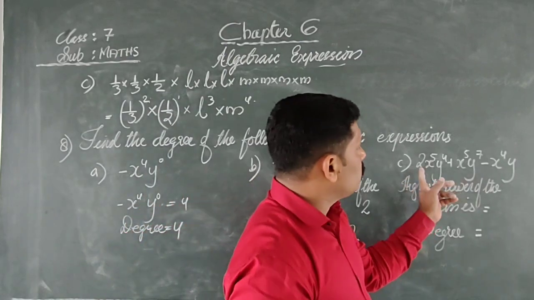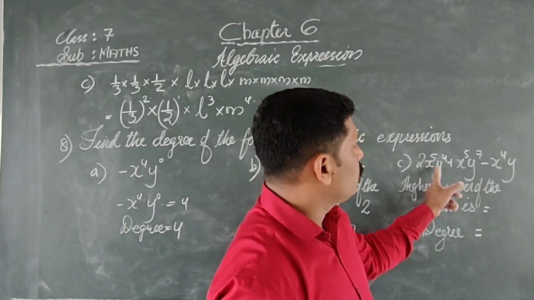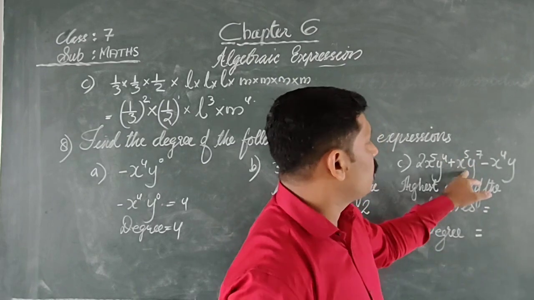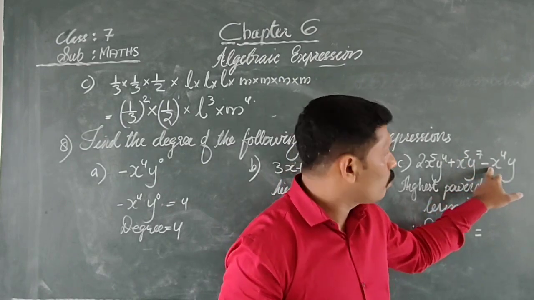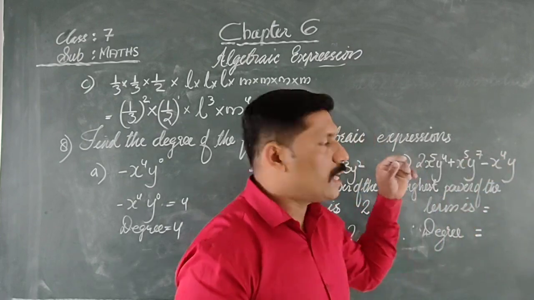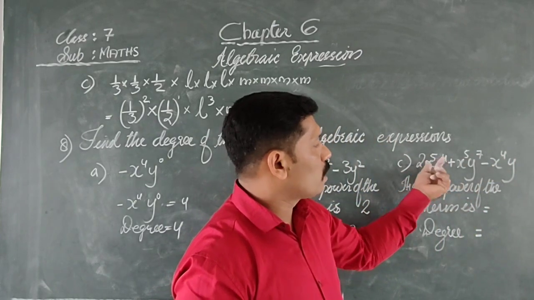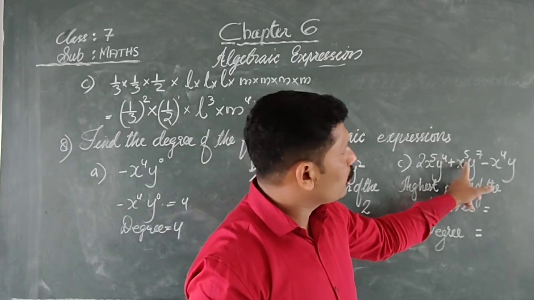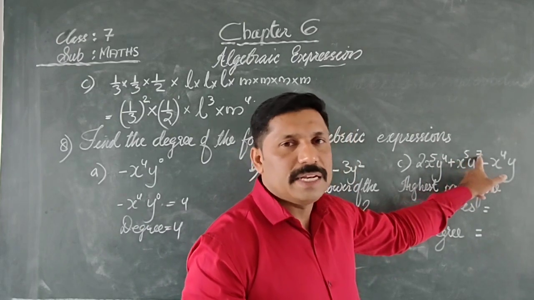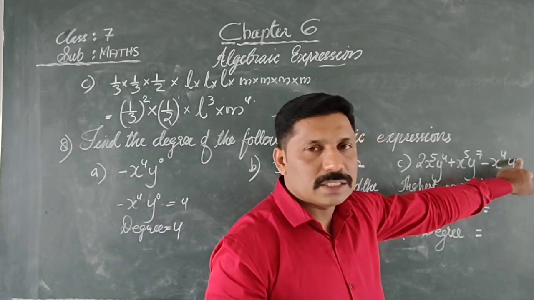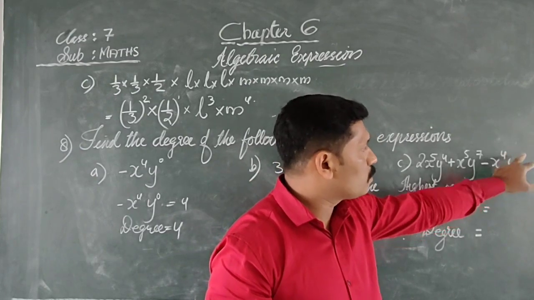And in this expression, 2x power 5 y power 4 plus x power 5 y power 7 minus x power 4 y. In the first term the power is 5 plus 4, total 9, and in the second term 5 plus 7 means 12, and in the third term 4 plus y power, which is not given, it means 1, 4 plus 1 is 5.